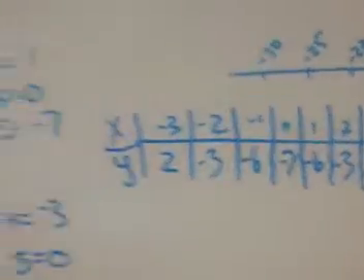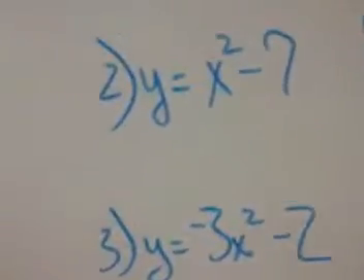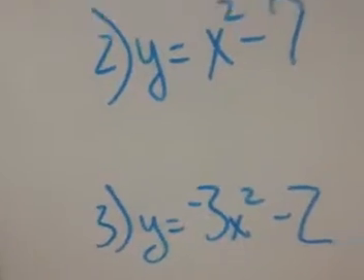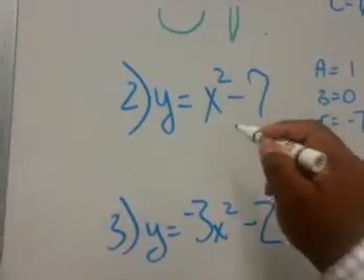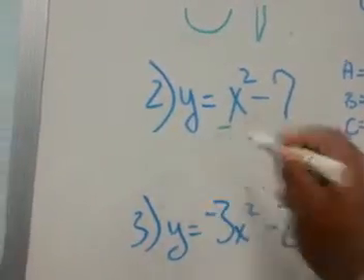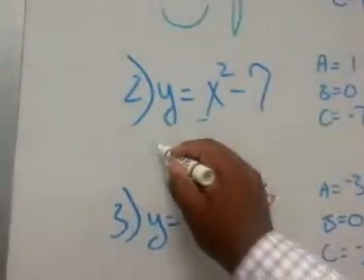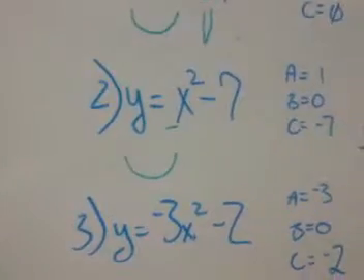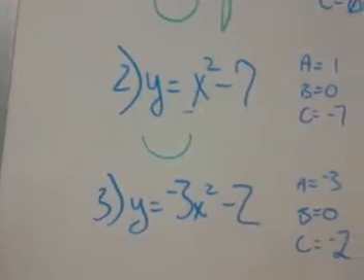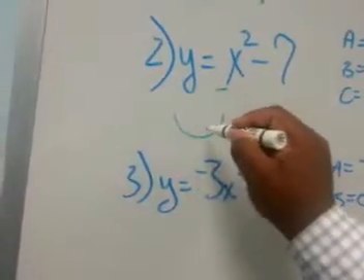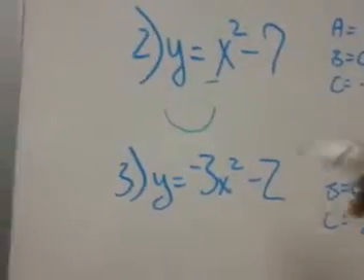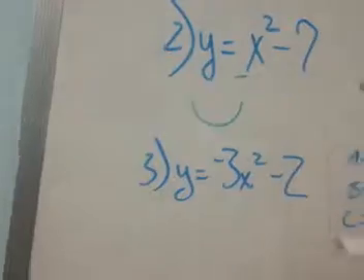Okay, now the one thing that I can surmise for the graph is that because the a is positive, I know it's going to look like this. And because it's a 1, it's going to look like our parent curve, y equals x squared, the parent parabola.